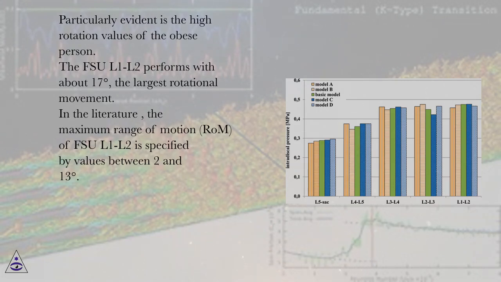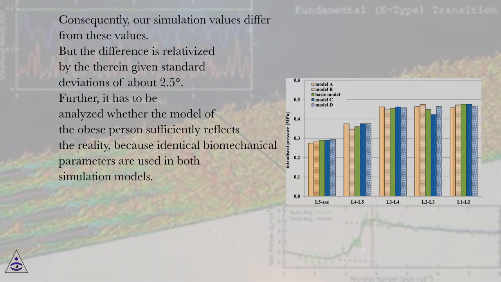In the literature, the maximum range of motion, ROM, of FSU L1, L2 is specified by values between 2 and 13 degrees. Consequently, our simulation values differ from these values. But the difference is relativized by the standard deviations of about 2.5 degrees given therein. Further, it has to be analyzed whether the model of the obese person sufficiently reflects the reality, because identical biomechanical parameters are used in both simulation models.